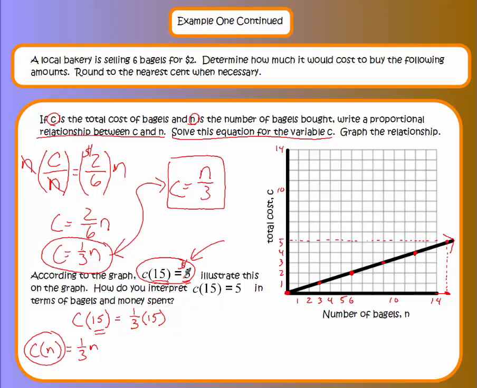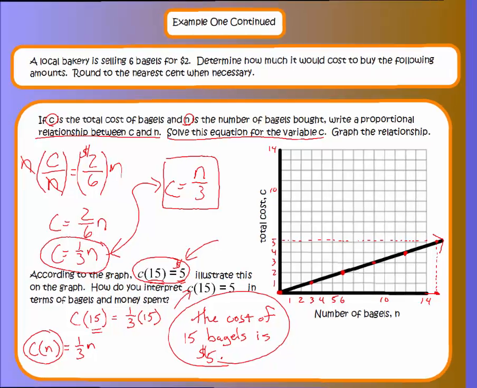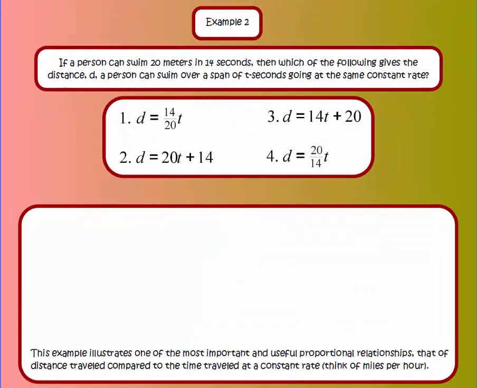In terms of bagels and money spent, the cost of 15 bagels is $5. That's what that means. And this is how you would interpret it on the graph. You find the number of bagels is 15, and you find its cost is 5. We're going to work a lot with this notation as we progress through this unit, so we'll bring it up tomorrow in class again and keep talking about it.